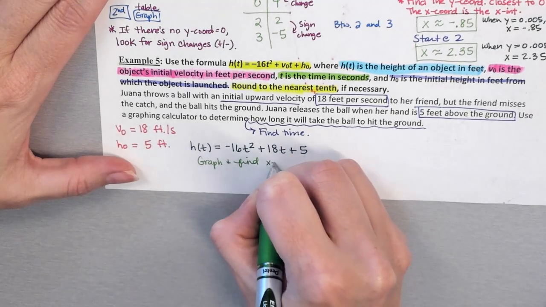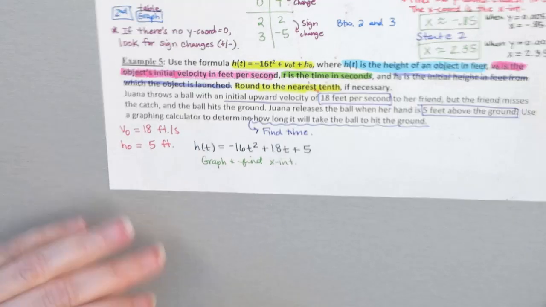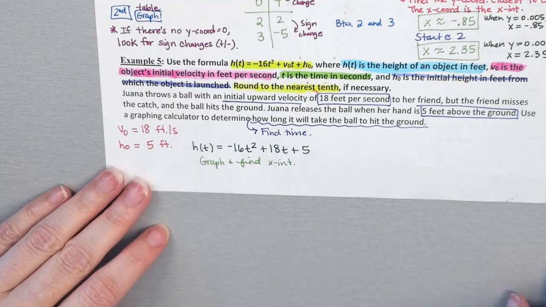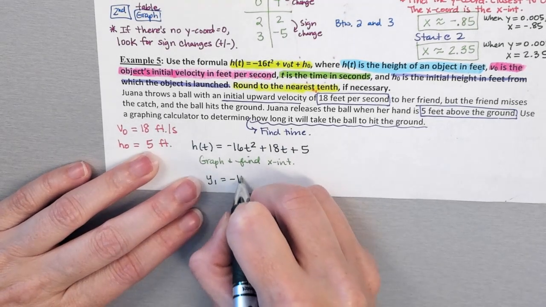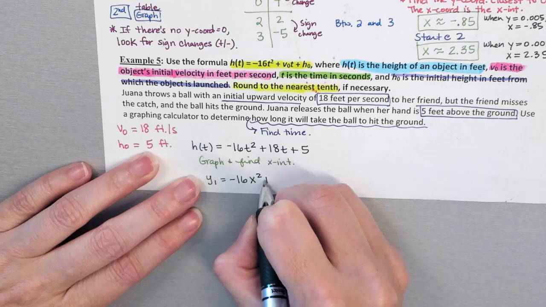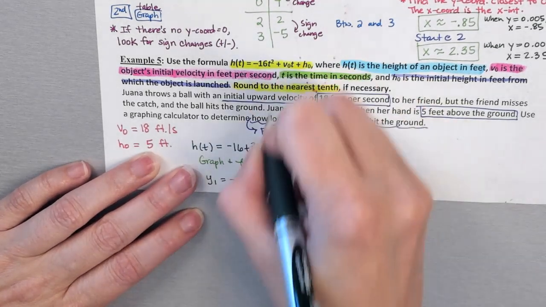And there is a special function that helps us do that. Okay, so we're going to plug it into our calculator, and when we do that, instead of using t, we are going to be using the x values. That's fine. T is a common input used in physics when you're dealing with time.